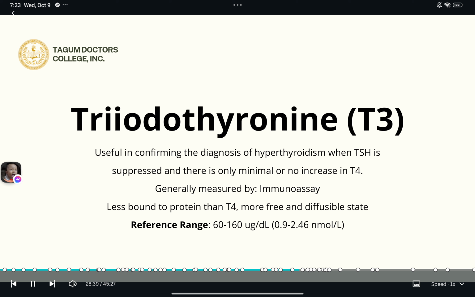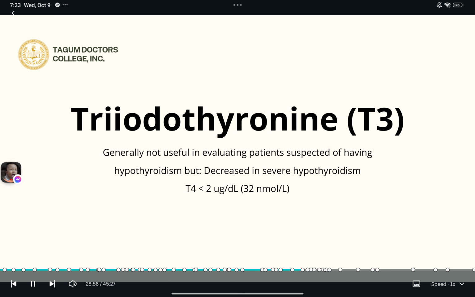Okay. And it is generally measured using immunoassay. It is less bound to protein than T4. It is more free and diffusible state and the reference range is usually 60 to 160 micrograms per DL or 0.9 to 2.46 nanomole per liter. Okay.